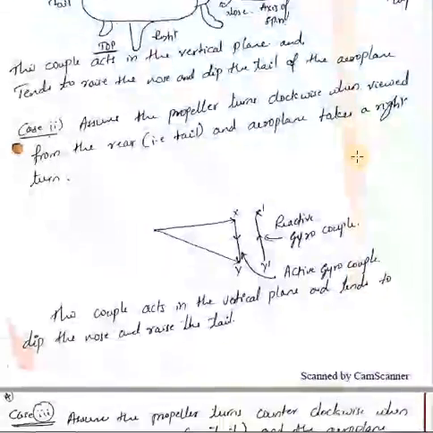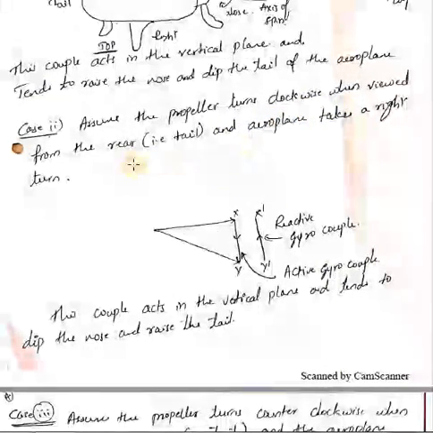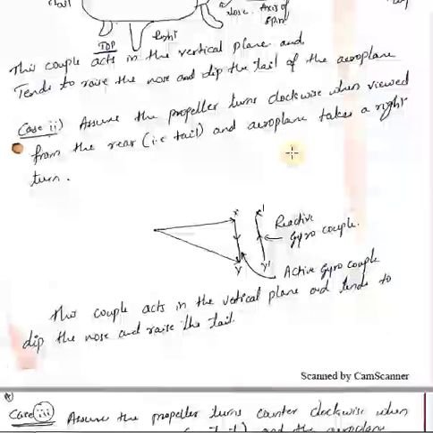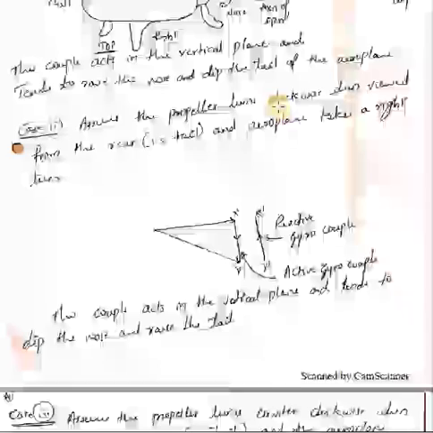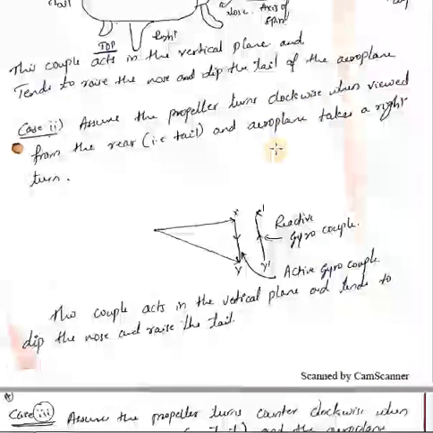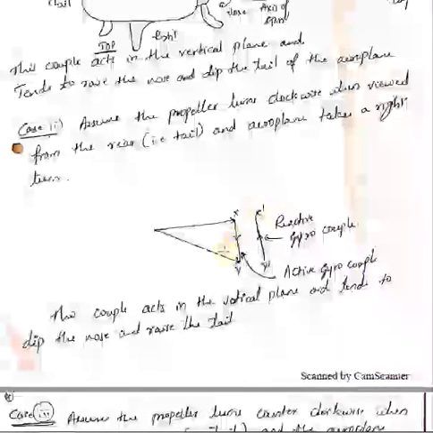Second case, assume that the propeller turns clockwise when viewed from the rear and the aeroplane is taking a right turn. So here the direction of rotation is the same, but the only thing is the aeroplane is taking a right turn. So that time the angular momentum is represented here.